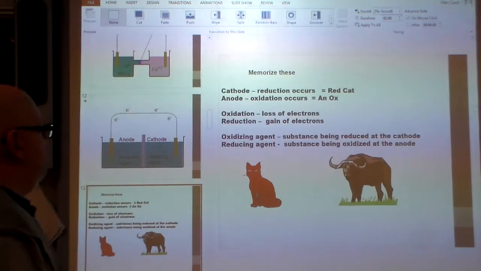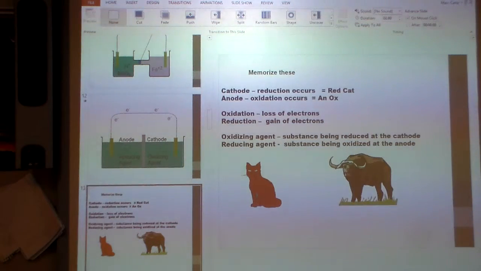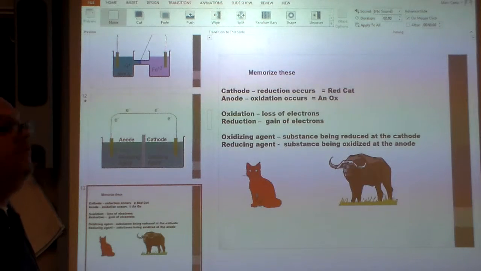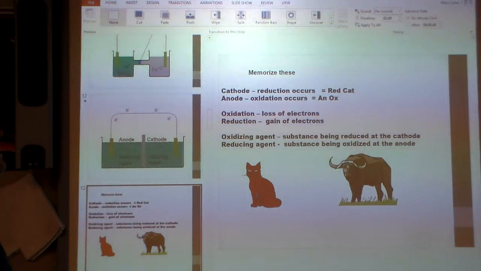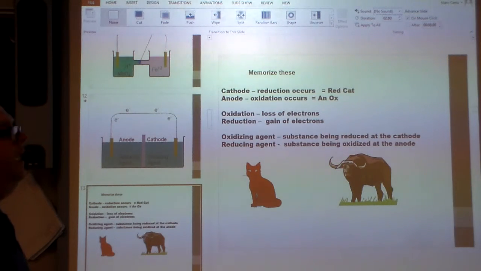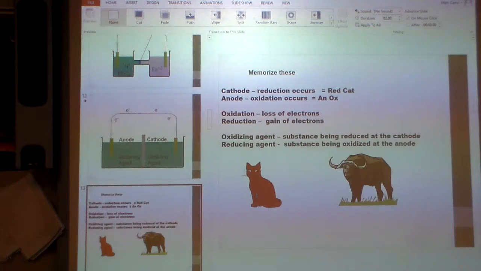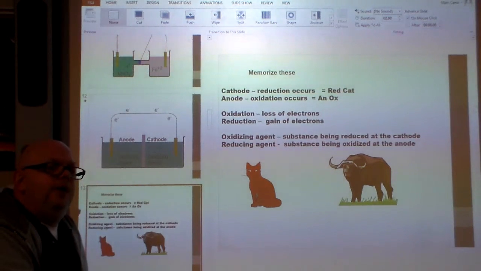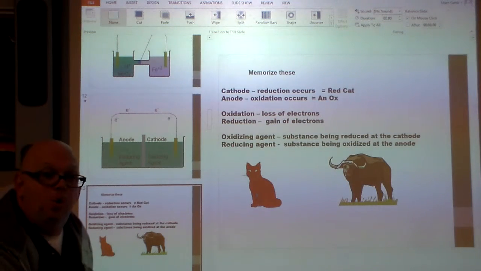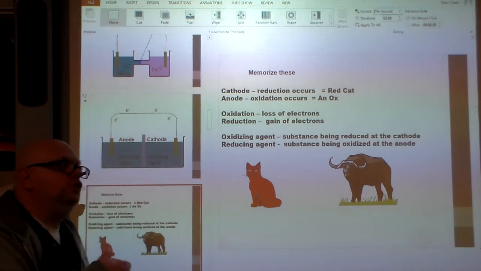As I look at this, there's a few things that would be useful to really know. One is what the cathode is. It's where the reduction happens. Remember, you're gaining electrons. That's what the cathode does. It picks up electrons, and we like to call that the red cat. That's a nice way of remembering that at the cathode you have the reduction.